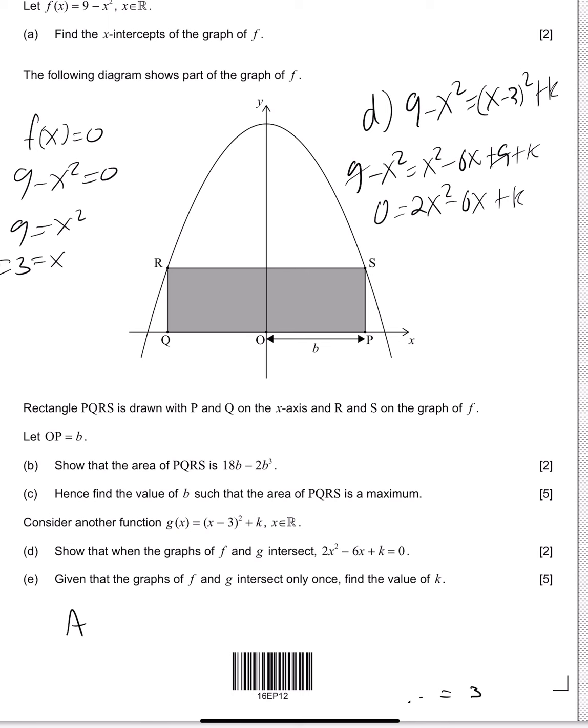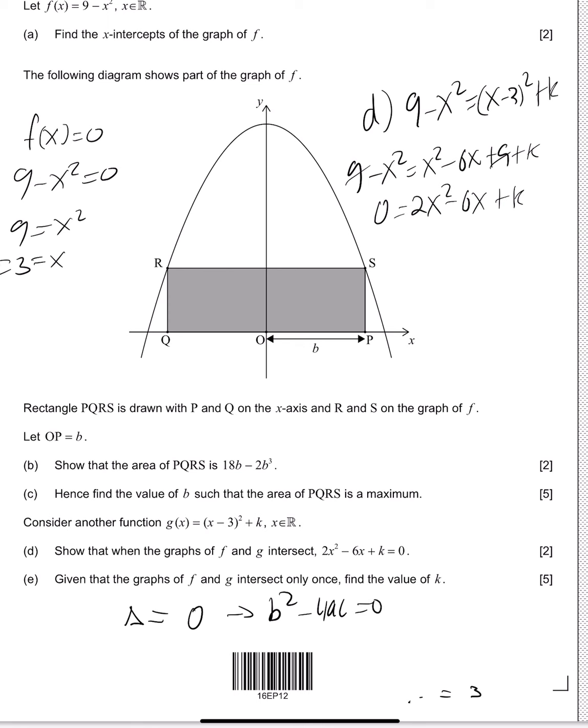We want to find the value of k. If they intersect only once, that means there's only one root, so there's only one value for k. That means our discriminant is going to equal 0. Therefore, we need b squared minus 4ac equals 0.